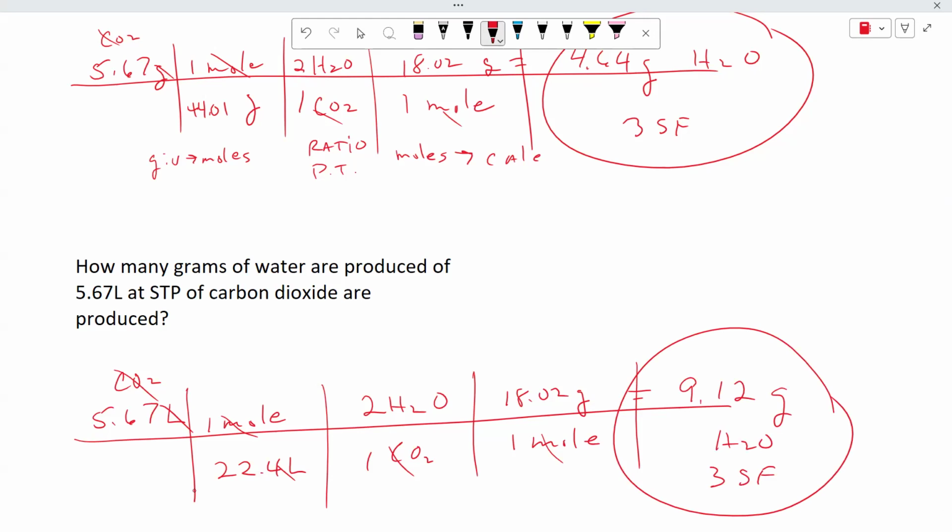Okay, is everyone comfortable with this? Because the given is gas, we have to use the 22.4 liters of gas per mole. That gets us to moles carbon dioxide, then the ratio from the balanced equation. And then we convert to grams to get it over to grams of water.